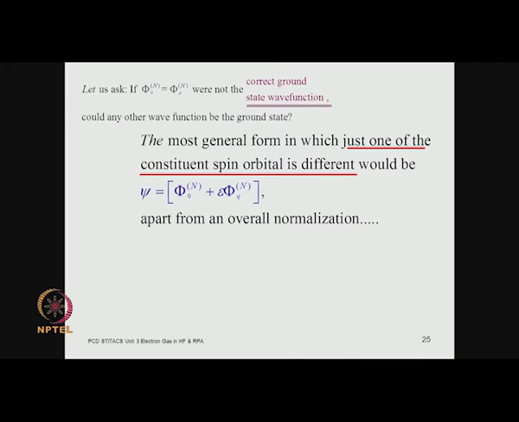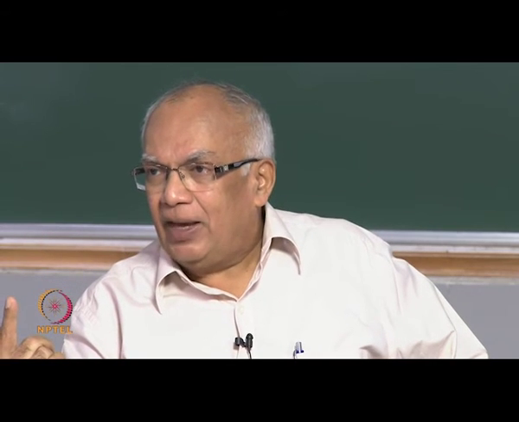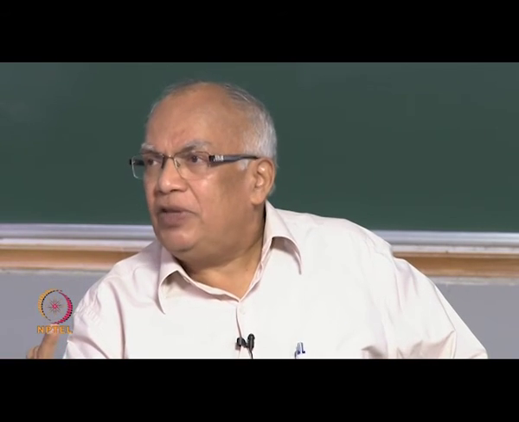It is just a matter of notation. I have been denoting phi 0 and phi p equivalently. Okay. So, it will be a superposition of phi 0 and one state which is different in at least one occupation number, and the representative prototype of this state is phi q. Okay.